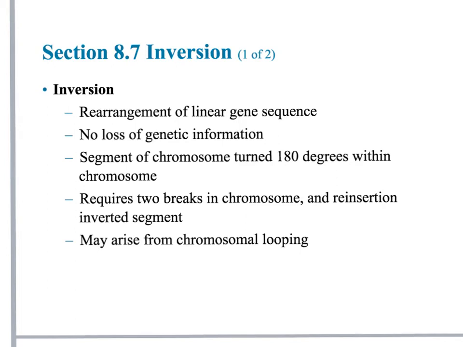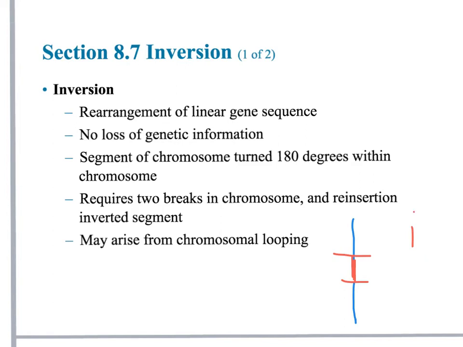A segment of the chromosome is turned 180 degrees within the chromosome. That's one way of an inversion happening. Another requires two breaks in the chromosome and then the reinsertion of the inverted segment. So if I drew a blue chromosome here, and I put the red over here as the segment of interest, you would get a break here and a break here, and this red segment comes out.